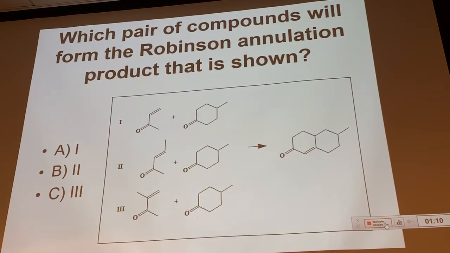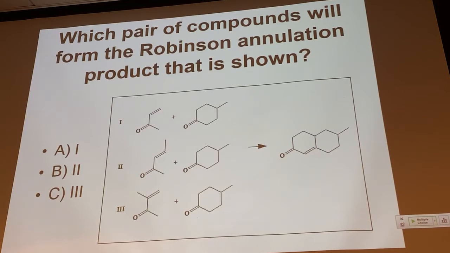Okay. All right, we'll give you about 10 more seconds. Any more answers coming in? Any more than 26? All right, that looks like that's it. Okay, 100%. Everybody went with A. Very good. So you know how to use the Robinson annulation in a retrosynthesis.